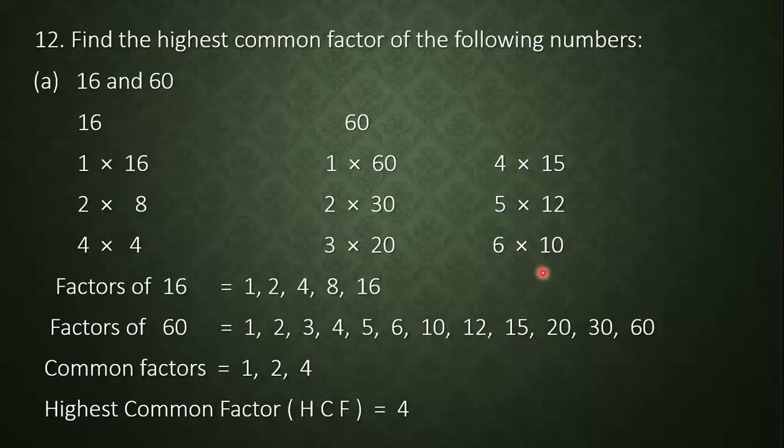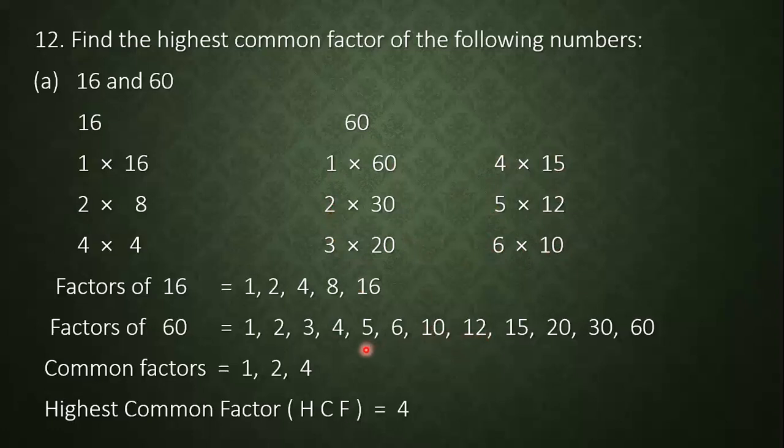We don't have to repeat now. Now we can write down the factors of 60. Factors of 60 are, see, 1, 2, 3, 4, 5, 6, then 10, 12, 15, 20, 30, 60. These are the factors of 60.